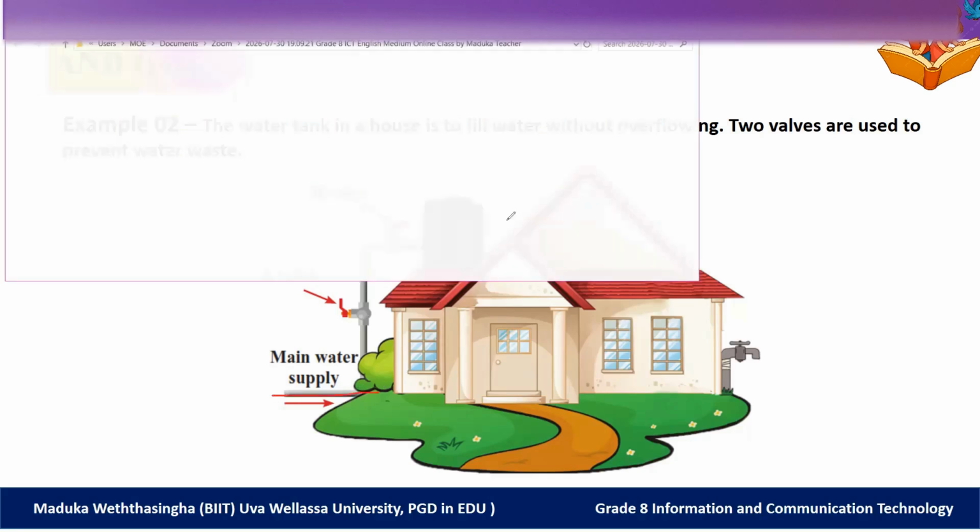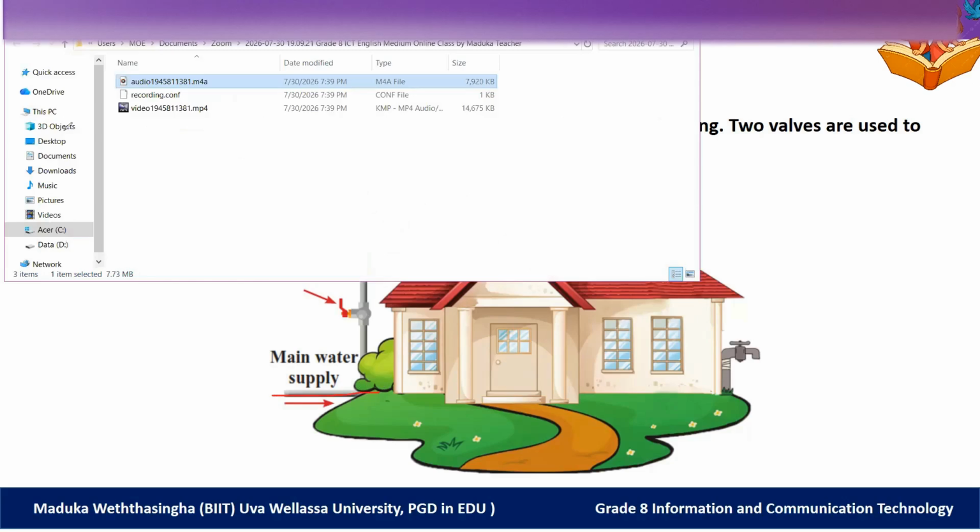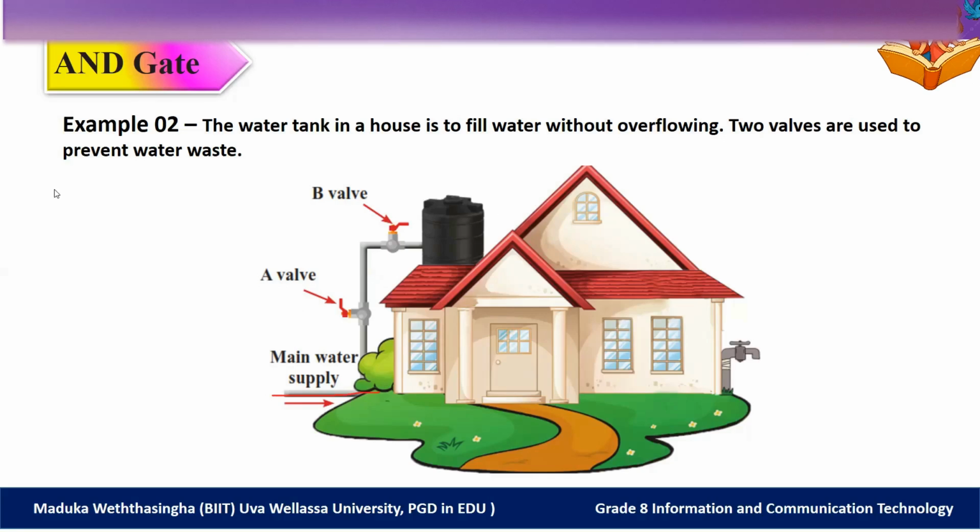And here you can see the first valve, valve A, and valve B. This is the main water supply and this is the tunnel we use.